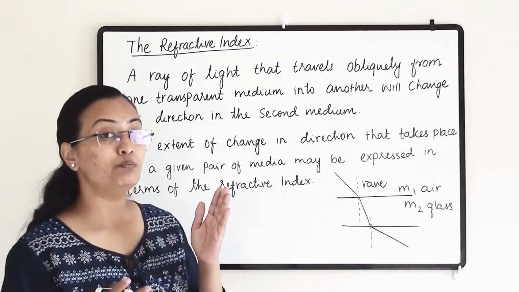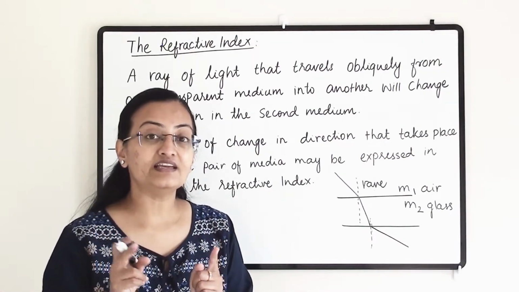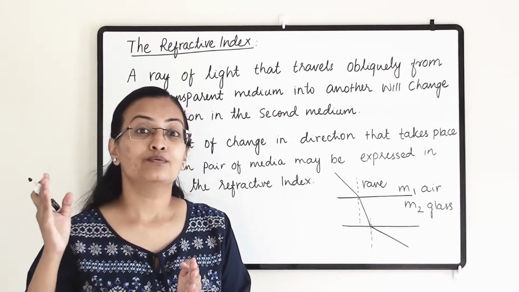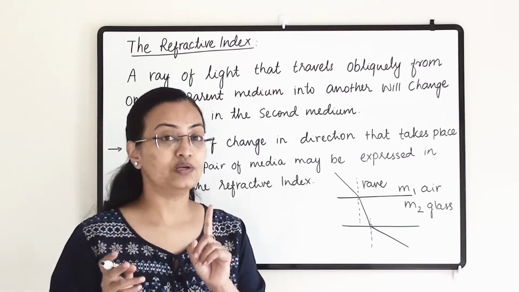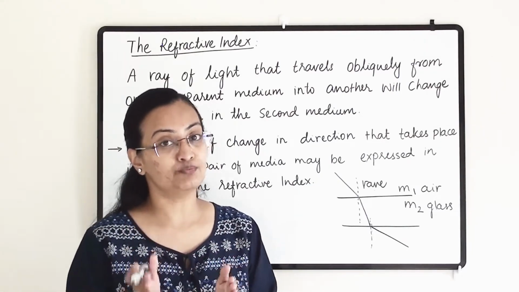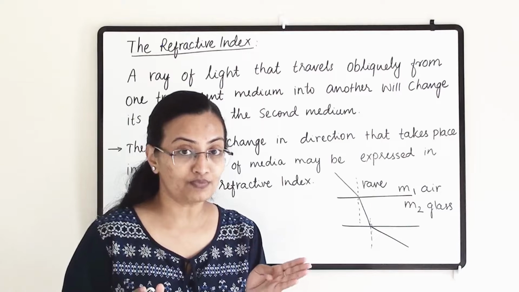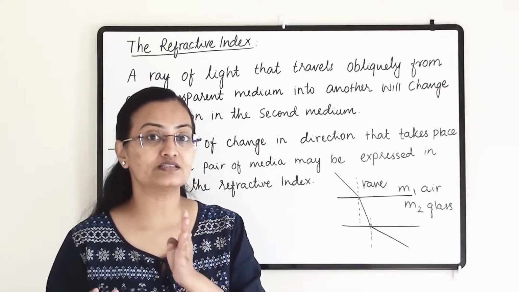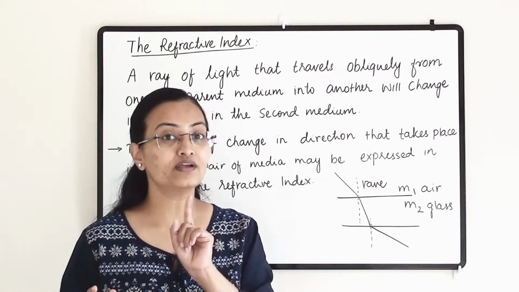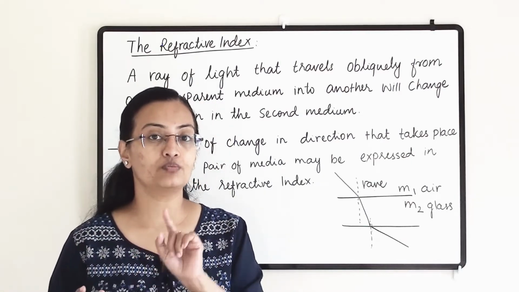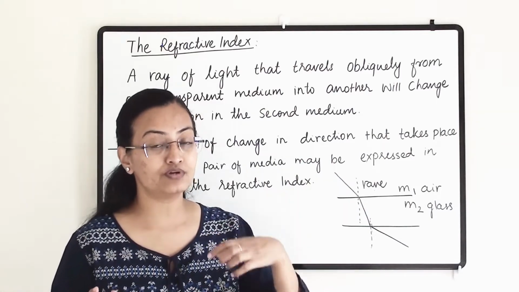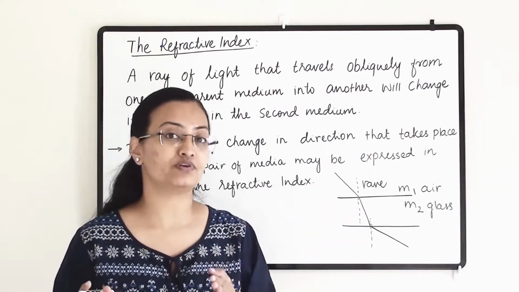Light will bend because it is traveling in another medium, or because it is changing its medium, either from rarer to denser or from denser to rarer. Whether it moves towards the normal or away from the normal depends upon whether it is coming from rarer to denser or from denser to rarer.